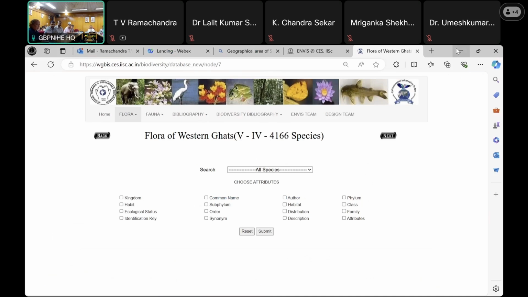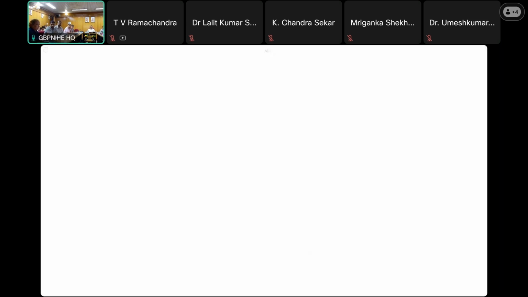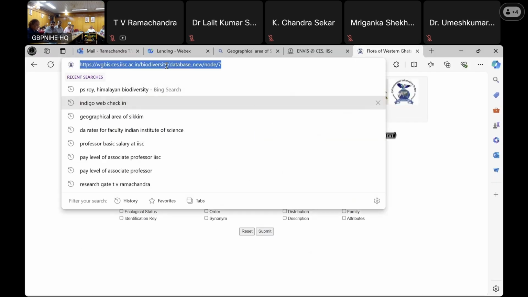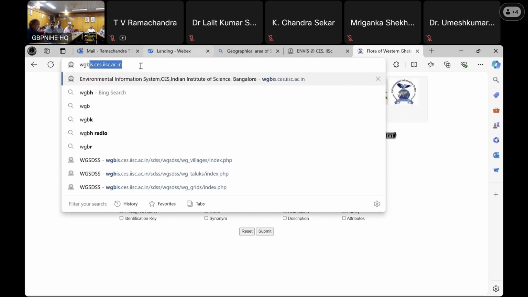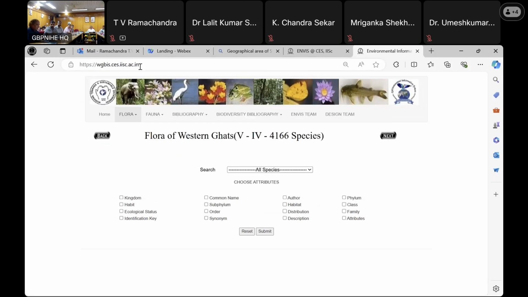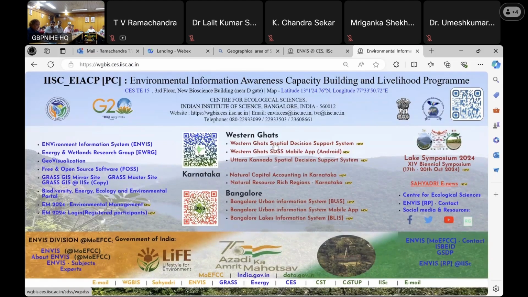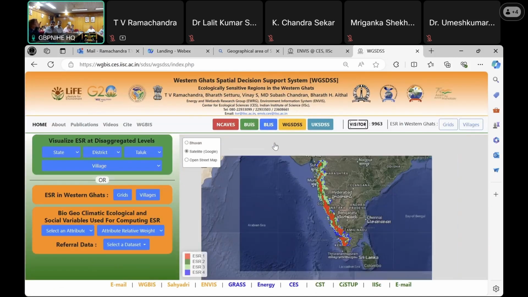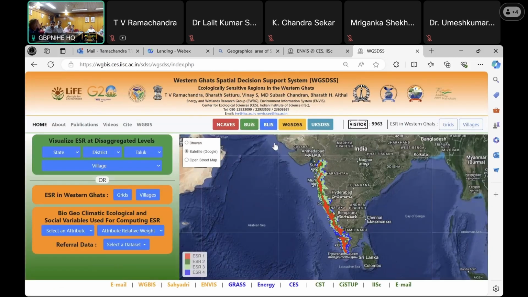Then we moved to the next level, where we developed the decision support system. Essentially the objective here is to identify ecologically sensitive regions in the Western Ghats at the decentralized level. So what we have done is we divided the entire Western Ghats into a 5 minutes by 5 minutes grid, or 9 kilometer by 9 kilometer.